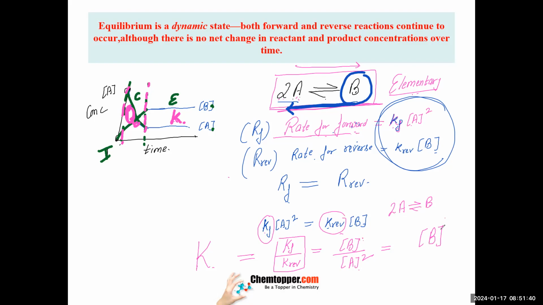B, raised to the power of this coefficient, divided by the concentration of the reactant raised to the power of its coefficient. And the word is concentration. Do you know the meaning of concentration? What's the meaning of concentration, children?